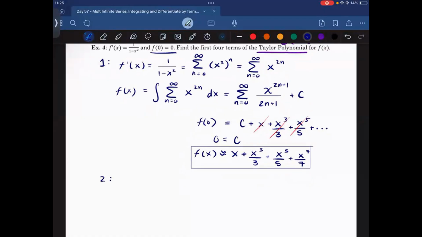Option 2, we are going to do the exact same thing. I'm going to just copy what I have up there, x to the 2n. I'm going to start by listing them all out.